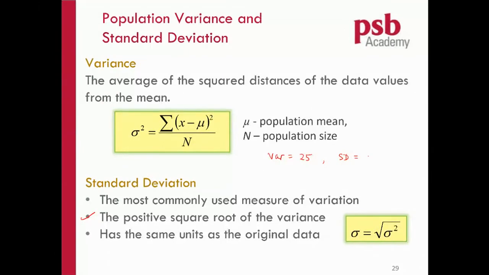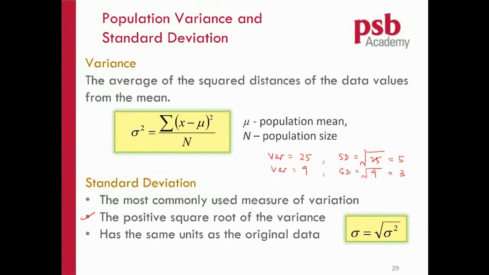It says standard deviation is the positive square root of the variance. So it is 5. If the variance is 9, then the standard deviation will be just 3.